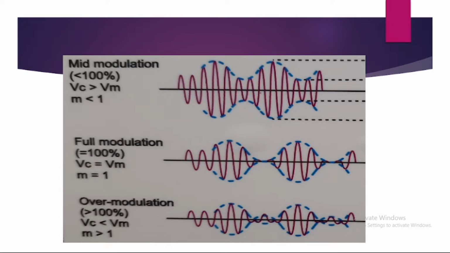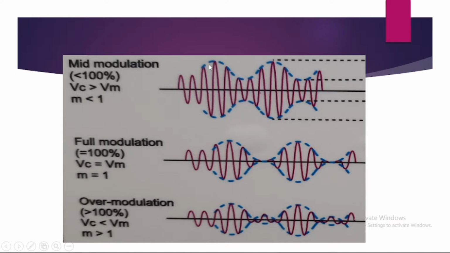Here, Vc, the voltage or amplitude of the carrier signal, is greater than the message signal, and the output waveform we get at the output of the balance modulator looks like this double sideband or envelope shape waveform. So this is your first, mid modulation technique.